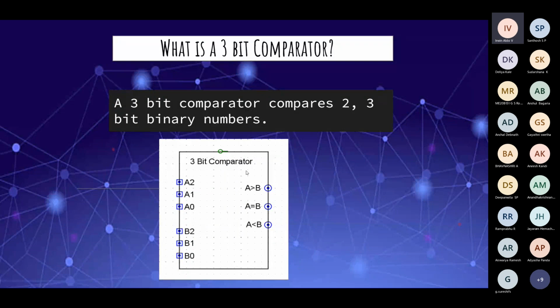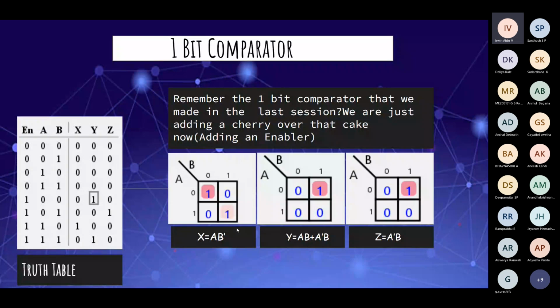This is the one-bit comparator we have done yesterday. But we have to do one more thing. We need to add an enabler, which is a switch. If the enable is zero, then we turn off the entire circuit.